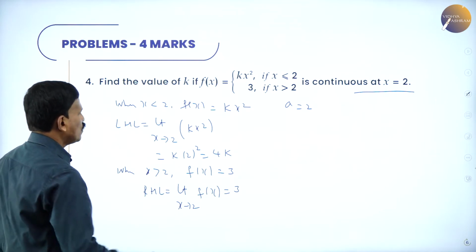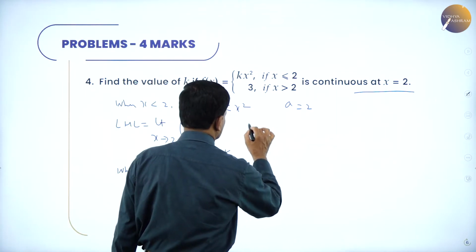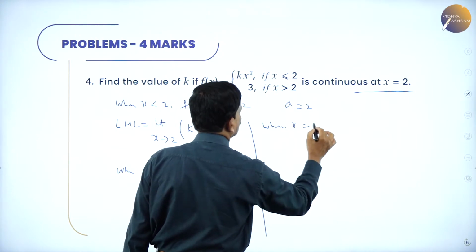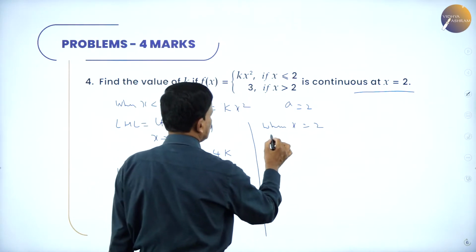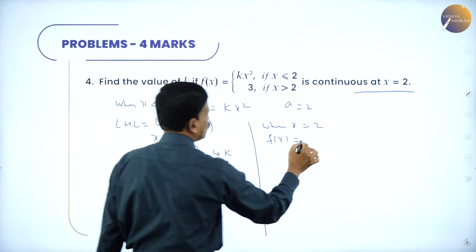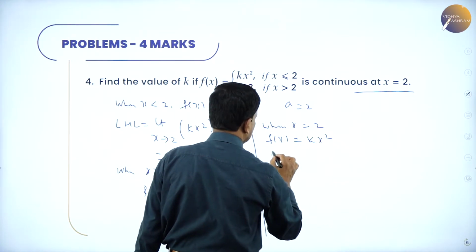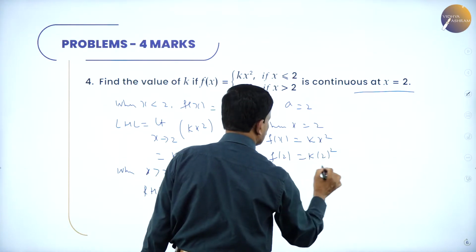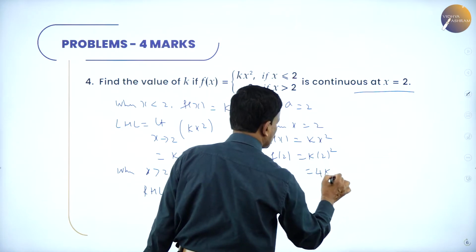This is 3. Now when x is equal to 2, what is given? The functional value f of x is equal to kx square. So what is f of 2? F of 2 is equal to k into 2 square. So this is equal to 4 times k.